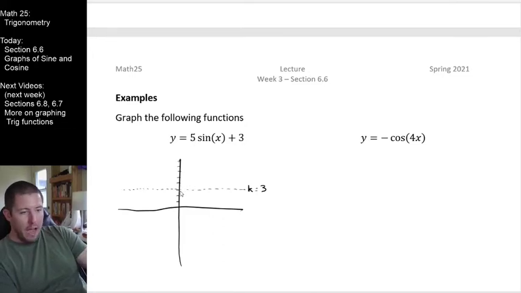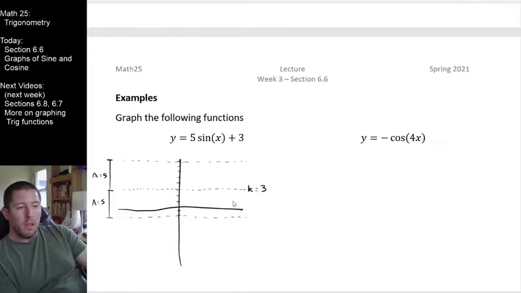That's our amplitude, and down 5 units. So I'm going to go up 1, 2, 3, 4, 5. And I'm going to go down 5. 1, 2, 3, and I need to go down 2 more. Right, 5 units in each direction from the midline right there.